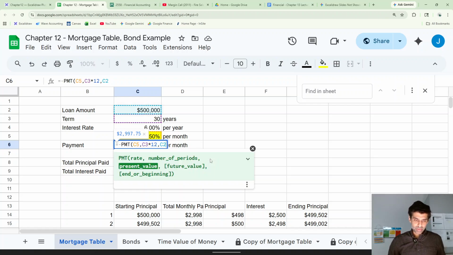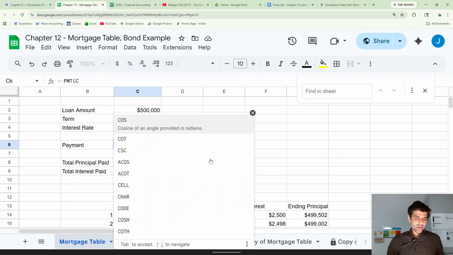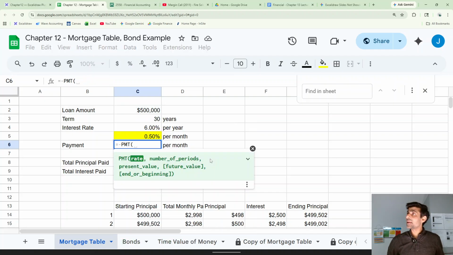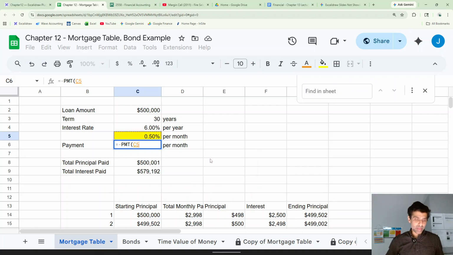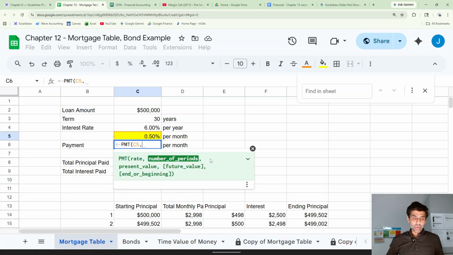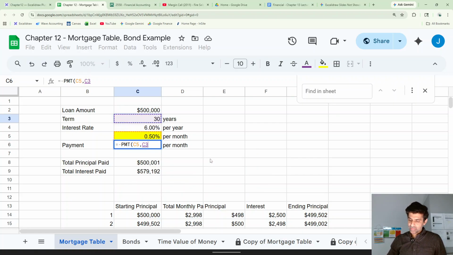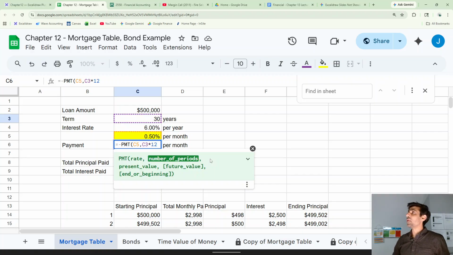And so stepping through the function, the first one is the rate. And again, you want the rate to match the payment frequency. So in this case, it's monthly. So we want the monthly interest. Number of periods: if we're monthly, then the number of months. If it's yearly, then the number of years. In this case, we'll take 30 years times 12 because we want monthly payments.